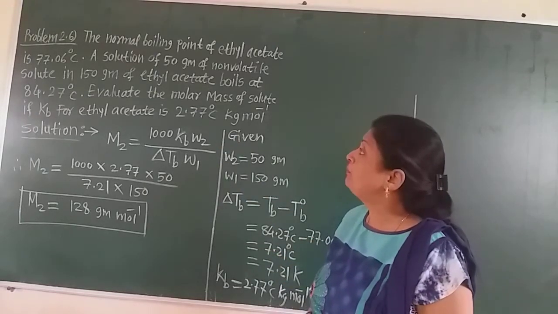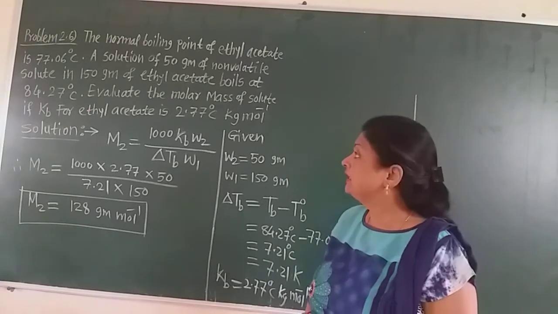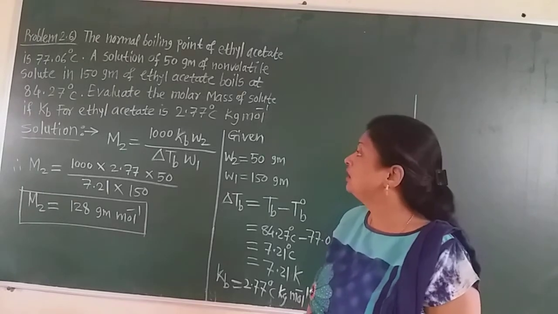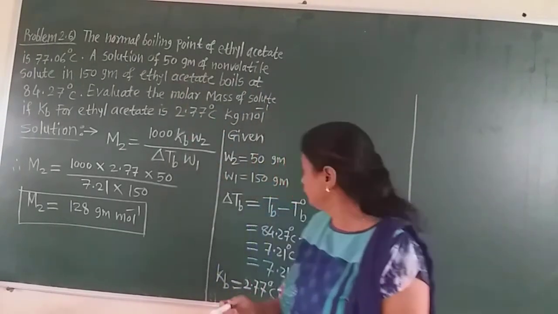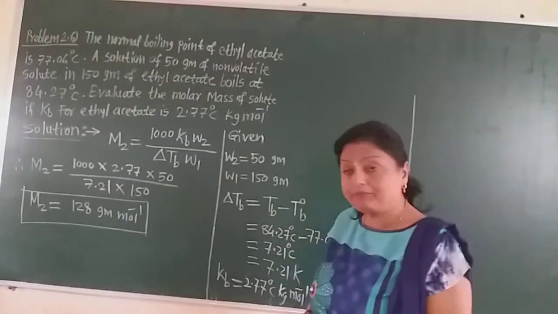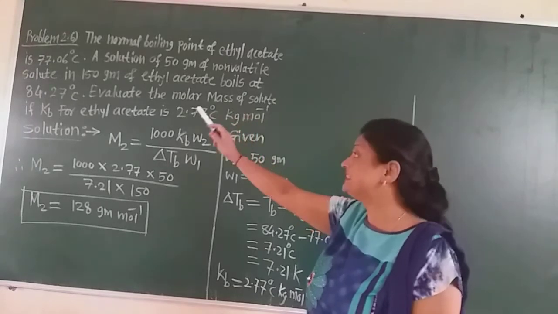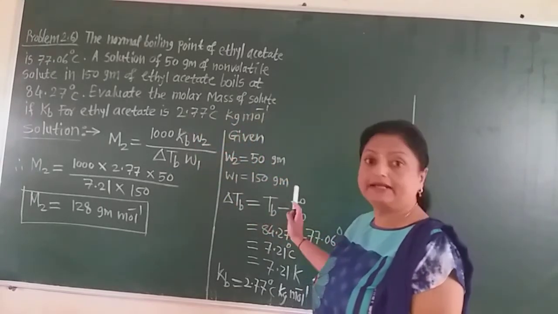A solution of 50 gram of non-volatile solute in 150 gram of ethyl acetate. The weight of the non-volatile solute is W2 equal to 50 gram, and the weight of the pure solvent, ethyl acetate, is W1 equal to 150 gram.